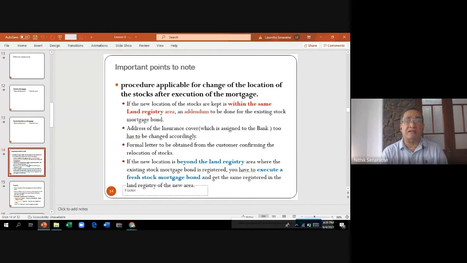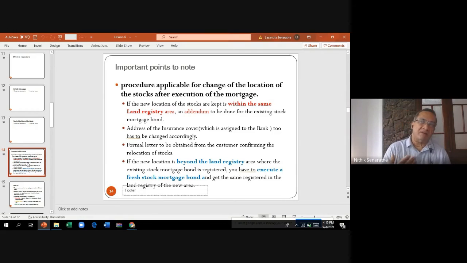The address of the insurance cover, which is assigned to the bank, too has to be changed. So the insurance cover will say number 10, Gold Road, Ratmalana. Now they have changed to number 12, Gold Road, Moratuwa. So the insurance policy and the addendum have to be included. A formal letter is to be obtained from the customer confirming the relocation of the stock.